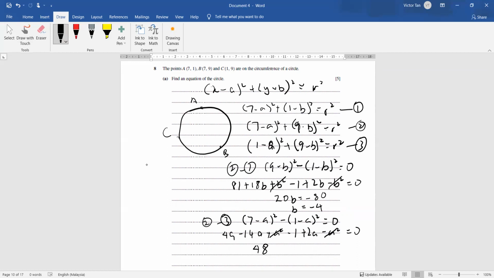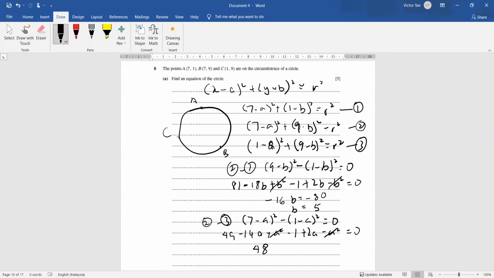This is minus 14. Oops. 9 minus b. Made a mistake here. This is minus 18. This is minus 18. So you have minus 16b. So b is 5.